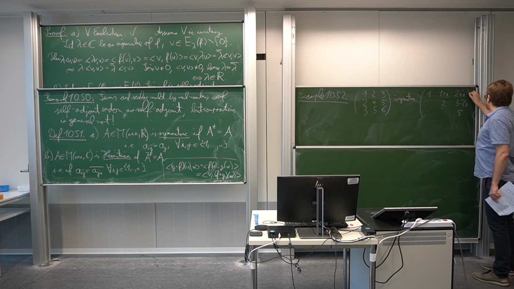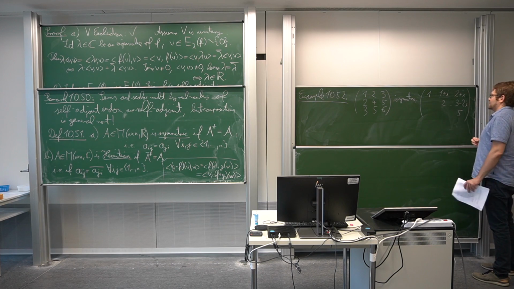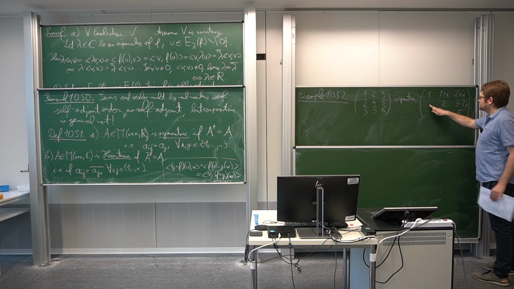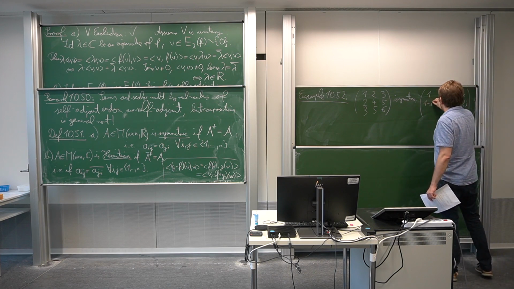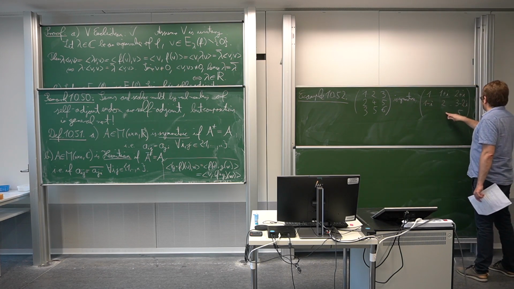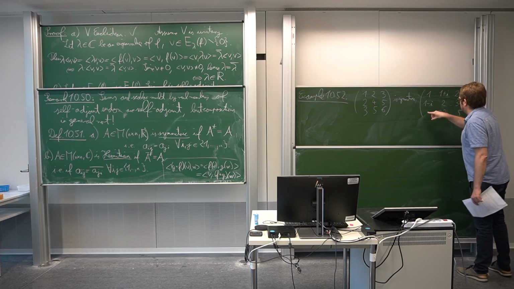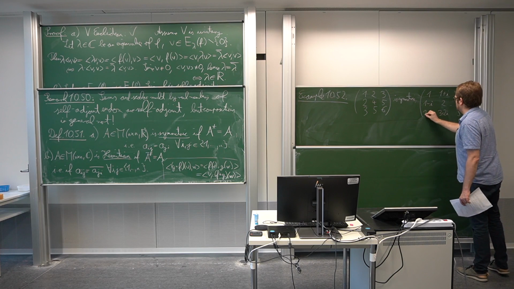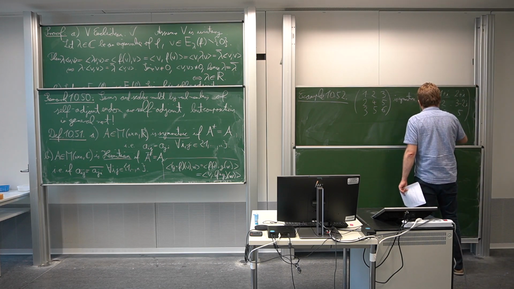Again, the other entries are determined by the Hermitian condition. This here has to be the conjugate of this, so here it's 1 minus i. Here must be the conjugate of this, which is 3 plus 2i. And finally here we have the conjugate of that one, which is 2 minus i. So this matrix is Hermitian.